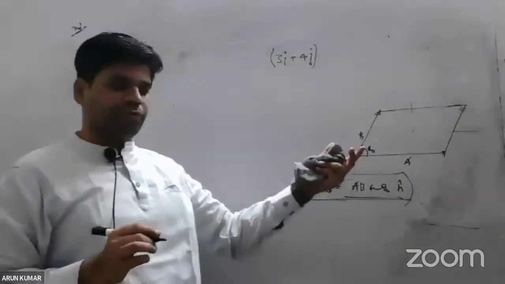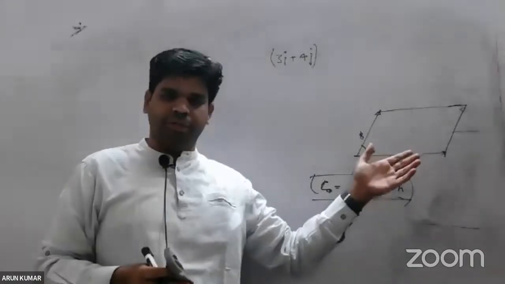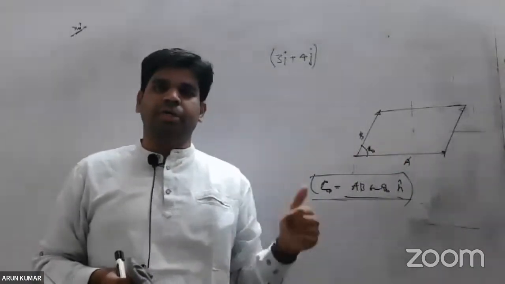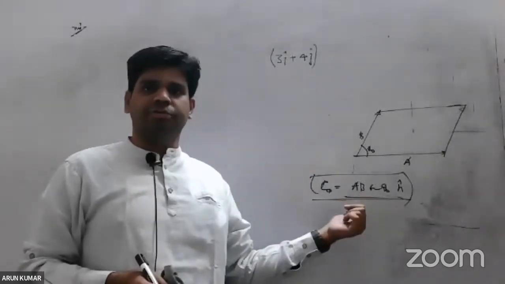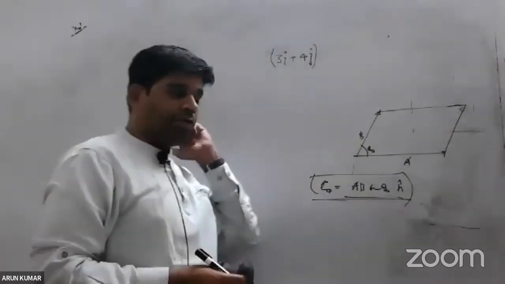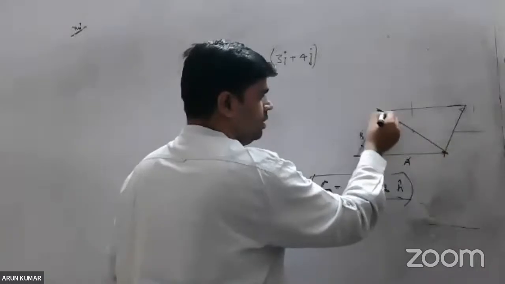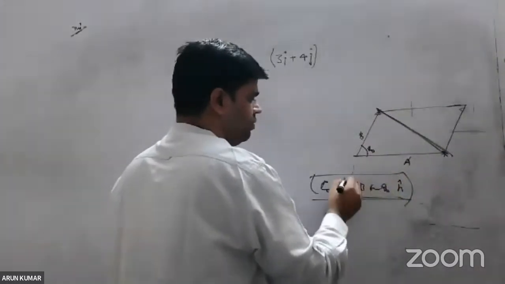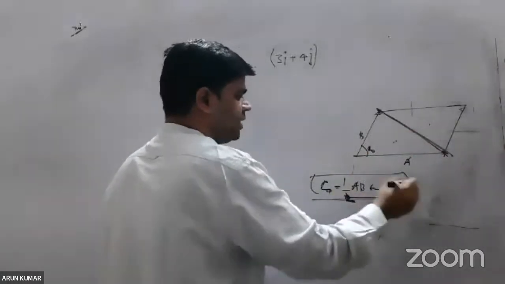So given two vectors, if I want to find the cross product, what it physically gives me is the area of the parallelogram. That's why it's called the area product. Dot product is called the projection product. Cross product is called the area product because by definition, by geometry, it gives me the area of the parallelogram. If I want the area of the triangle, all I have to do is take half of it, half of ab sine theta.